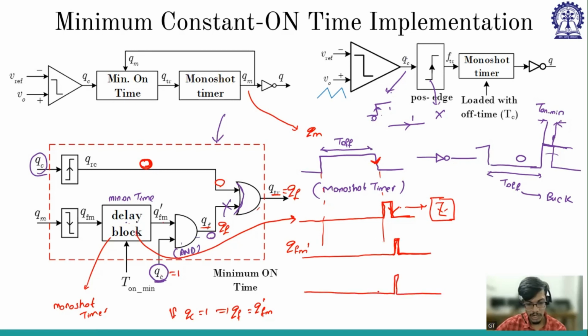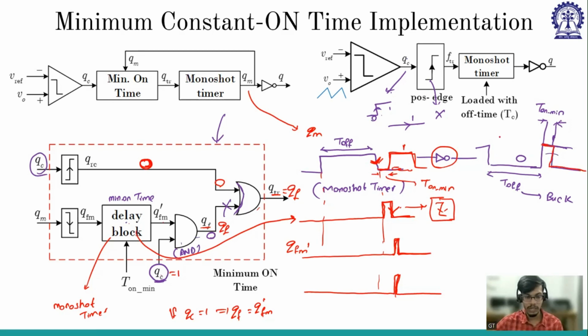The monoshot timer is turned off here, and then we forcefully generate a trigger here, which will trigger the monoshot timer. So the monoshot timer will be on again from here, and off time will be turned on again. This is minimum off time, right? This is T on minimum. The monoshot timer will be triggered again, and here we have an inverter, so after on time it will again be 0.